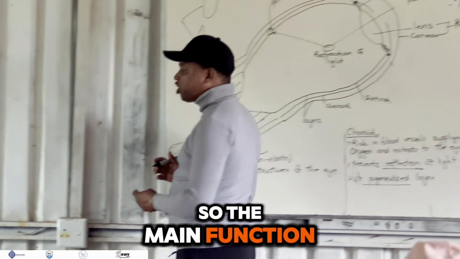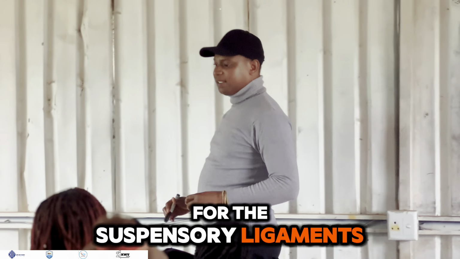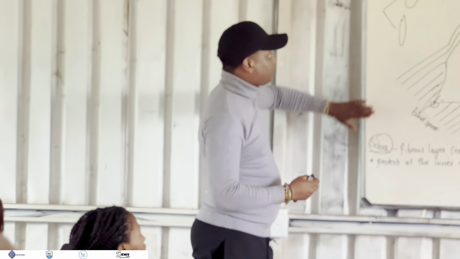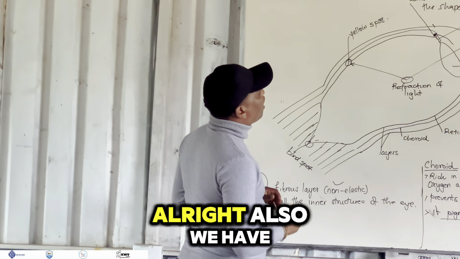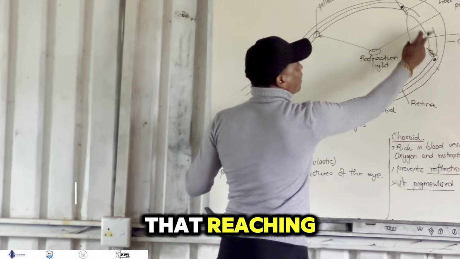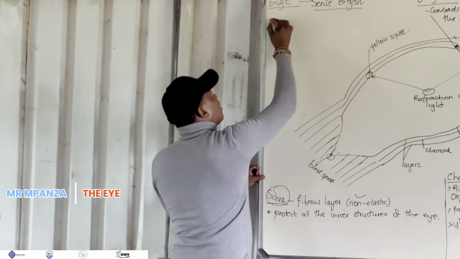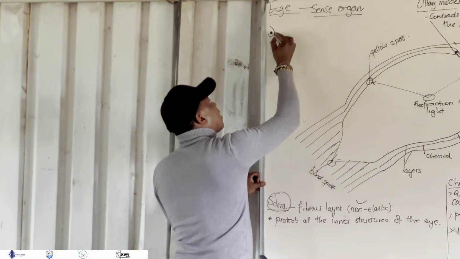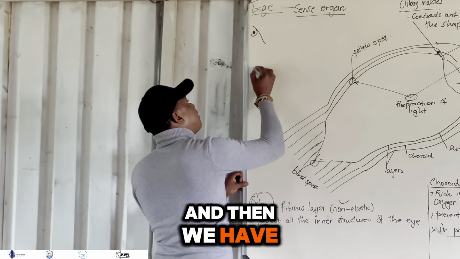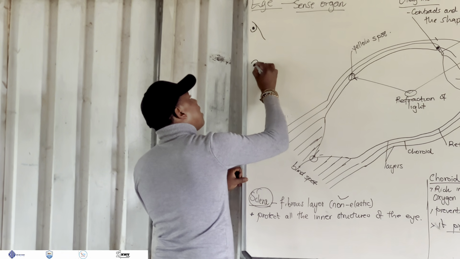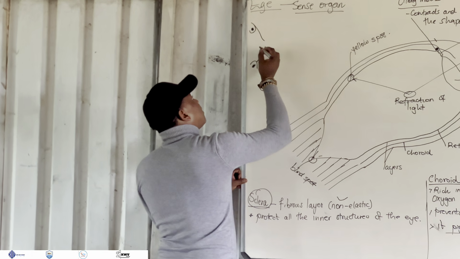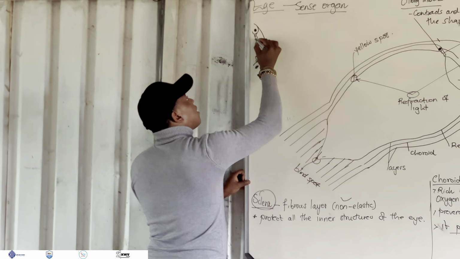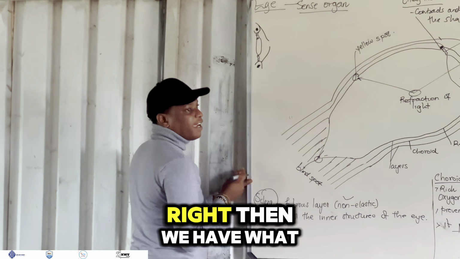Also, we have that region where we have a ciliary muscle, and then another ciliary muscle. The lens stays, it's fine.